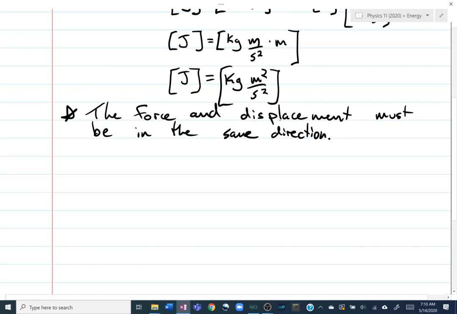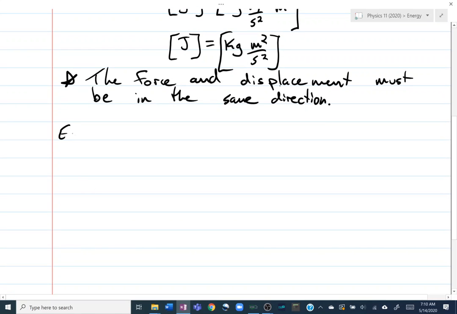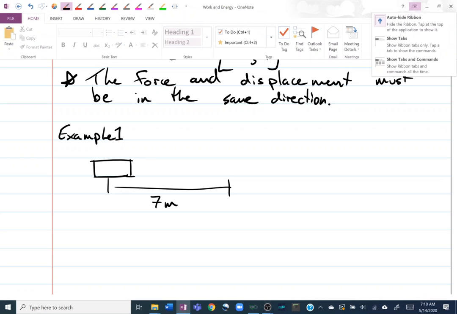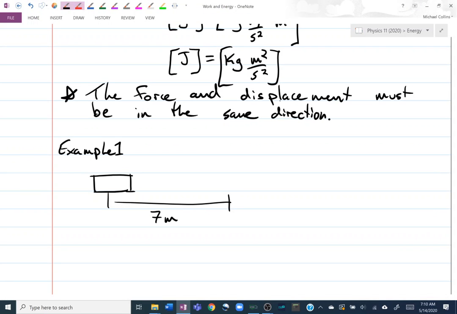So, if we look at an example, and we'll start off with a super simple one, we will just have a box that is pushed 7 meters with, let's just do a 3 newton force.